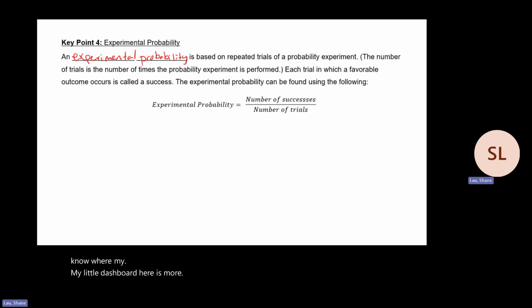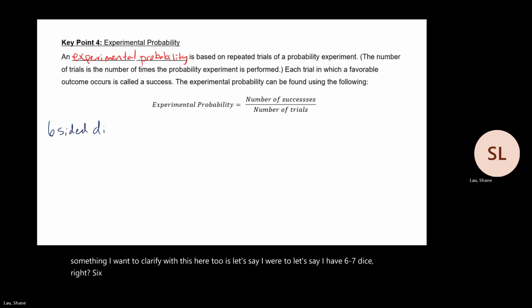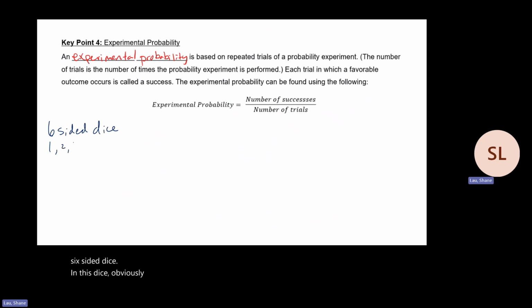But we have this experimental probability, and then we have the number of trials. Okay. So something I want to clarify with this here too is, let's say I have a 6-sided dice. Right? And this dice obviously has 1, 2, 3, 4, 5, and then 6 possibilities. 6 outcomes, if you will.